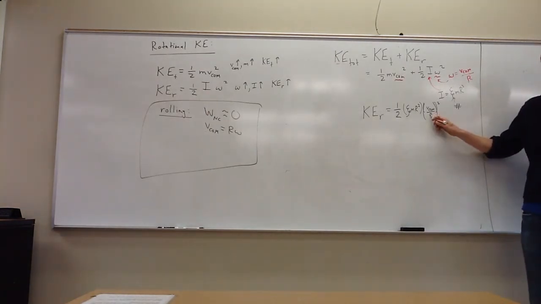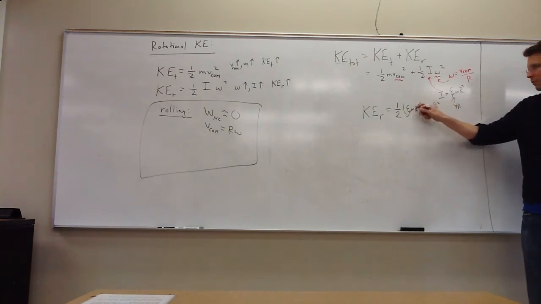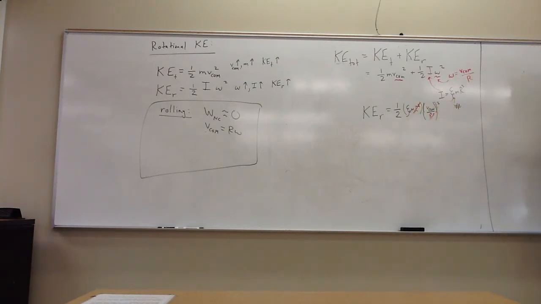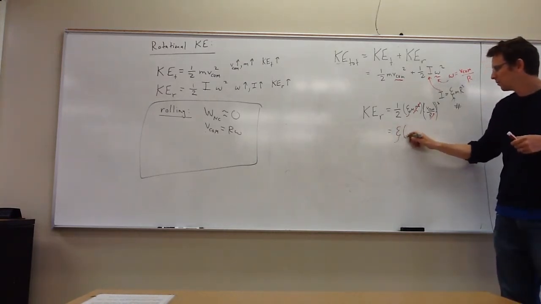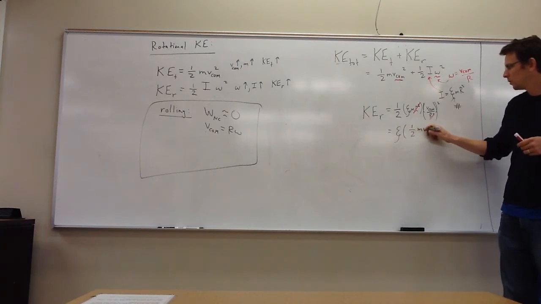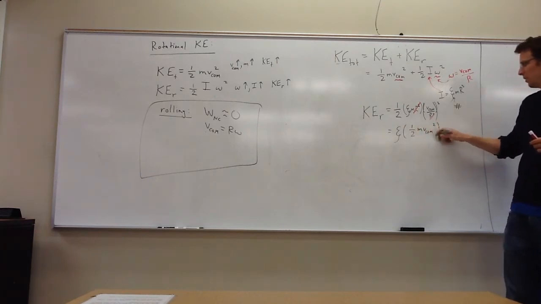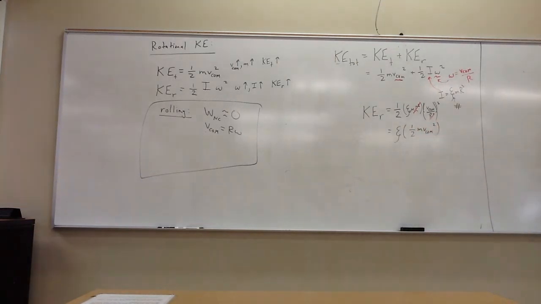This r is going to get squared, and it's going to cancel with this one. I'll pull squiggle to the front, just because. I want to see what else is left. What is that thing in parentheses? Translational kinetic energy.